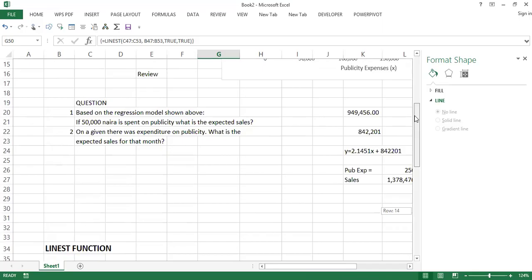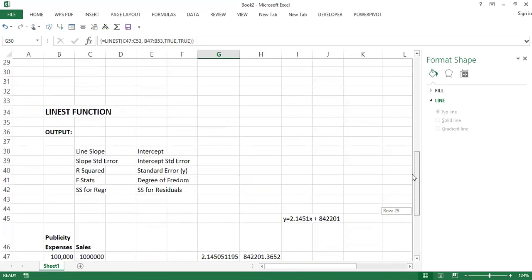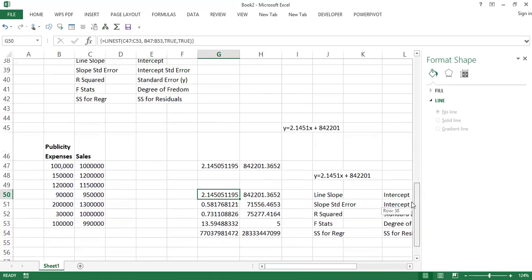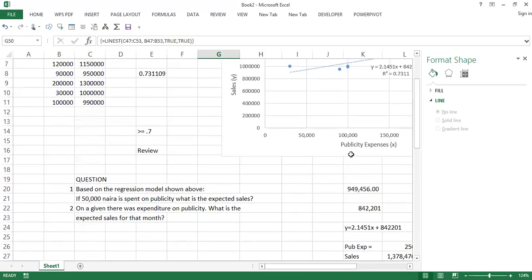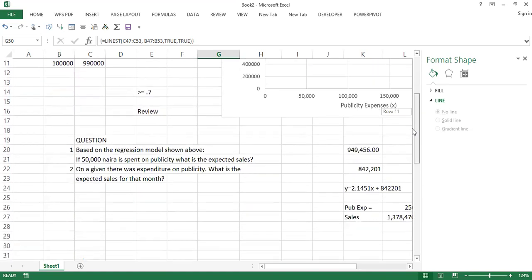It's just for linear regression. If it's not linear regression that you want to do, then you cannot use the LINEST function.